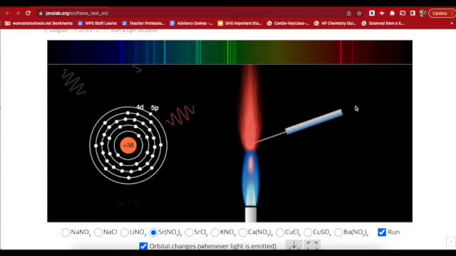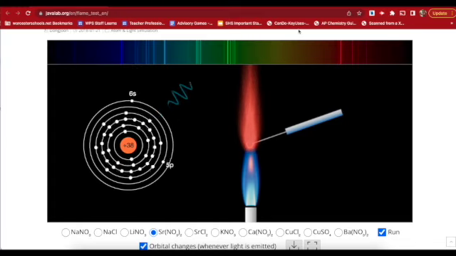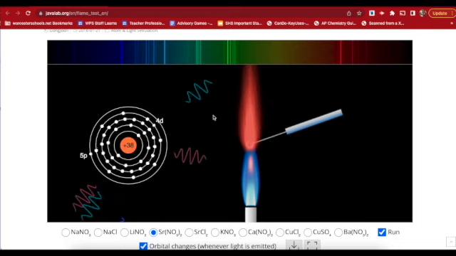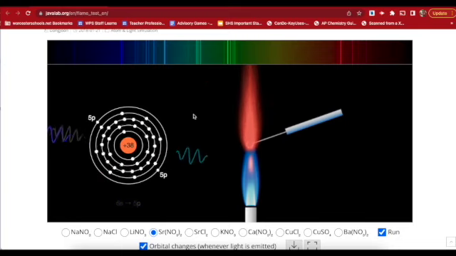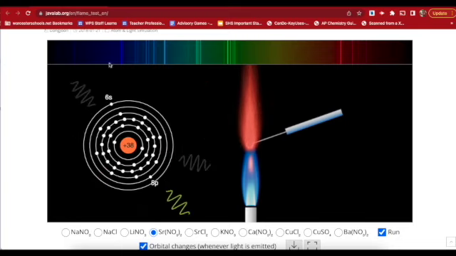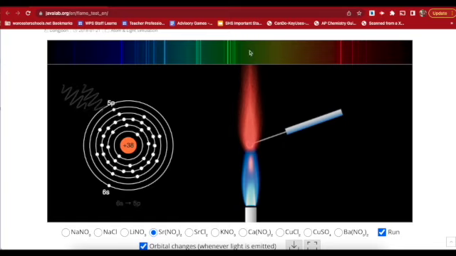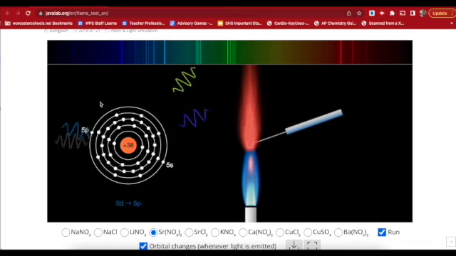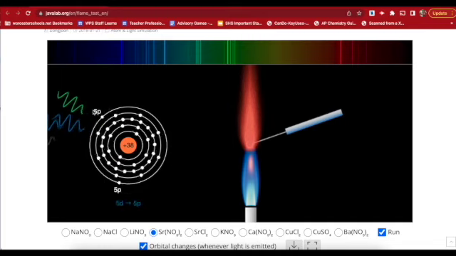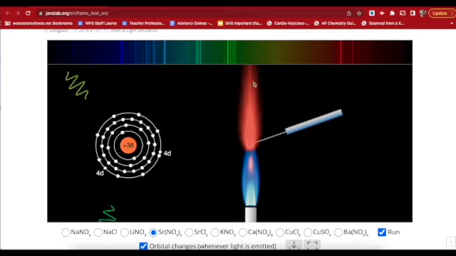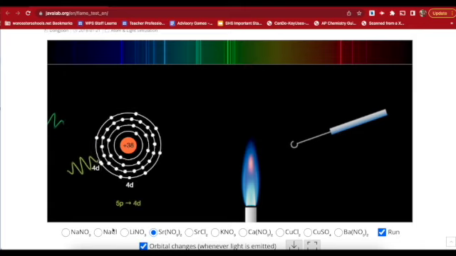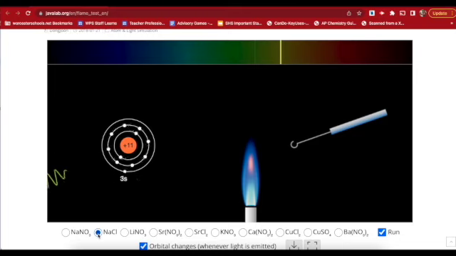When the atom is exposed to this heat source, it is absorbing energy, and that's allowing these electrons to move up to a higher energy level. When they fall back down again, because that top area is not very stable, they have to release the energy they absorbed. And they release that energy in the form of light.